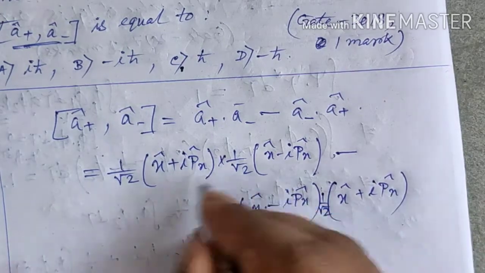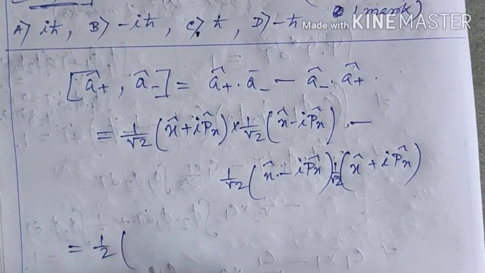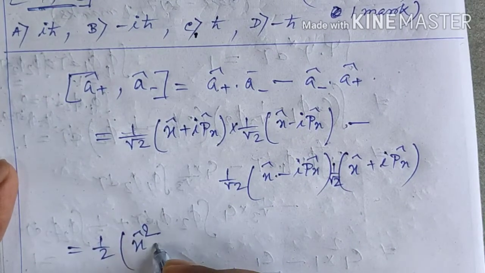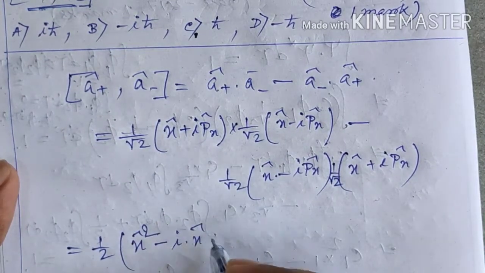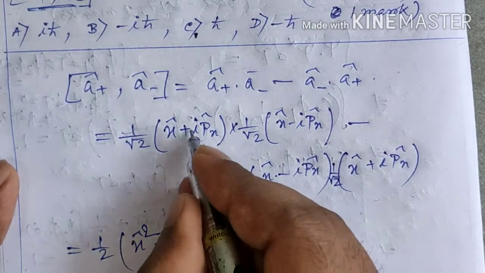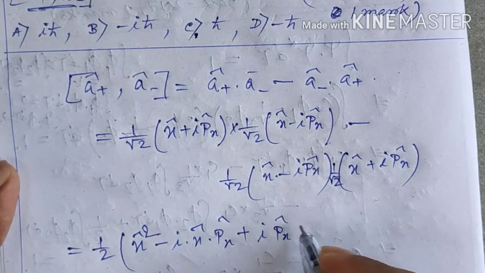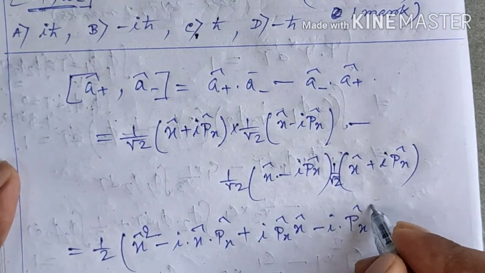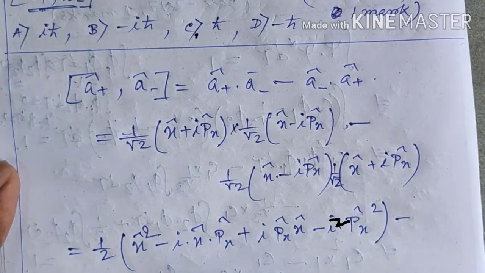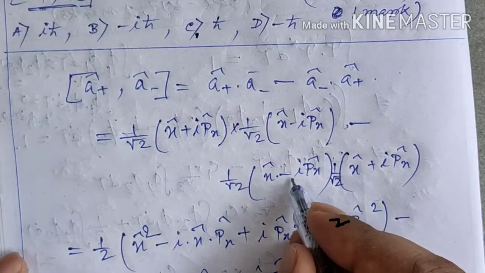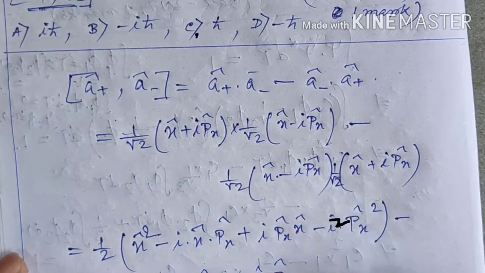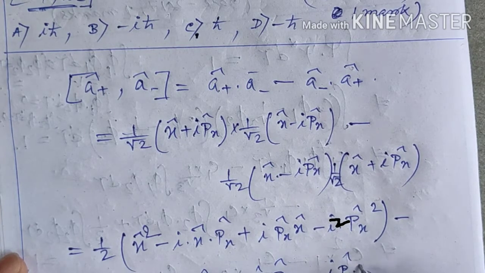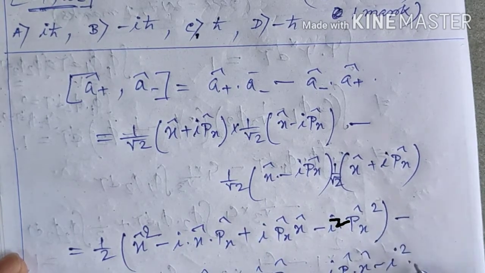We just have to multiply these two terms, and it will be x square minus I x px plus I px x minus I square px square, minus half into x square plus I x px minus I px x minus I square px square.